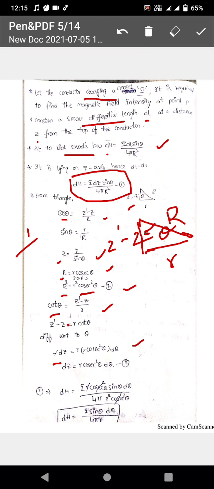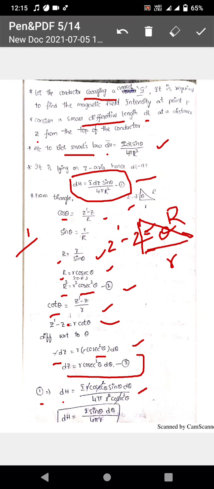Differentiating with respect to theta on both sides, you can write minus dz equals r minus cosecant square theta d theta. Therefore dz equals r cosecant square theta d theta, equation number 3. Now we can write equation 1: dh equals I dz sin theta by 4 pi R square.